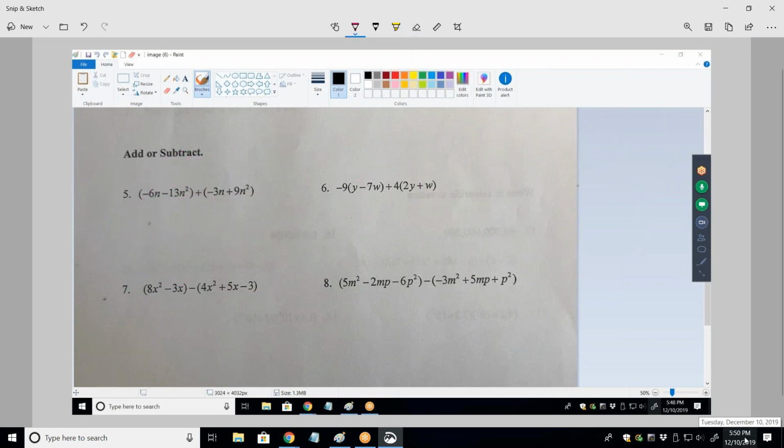Number 6. What's our first step? Distribute. So what do I get? Hold on one second. See if I can fix this.